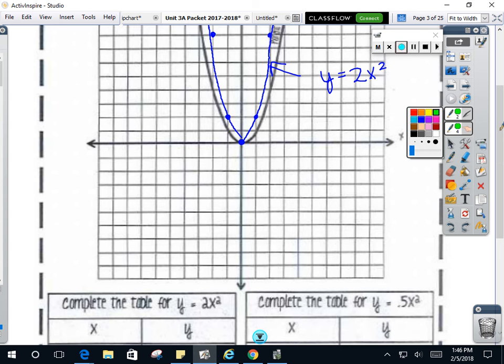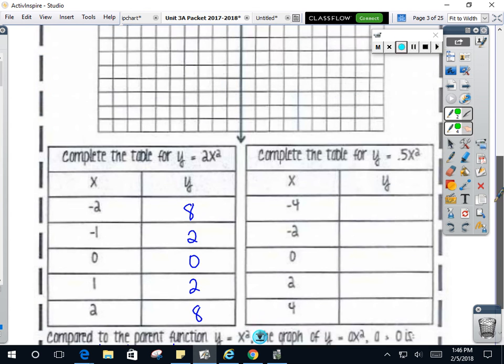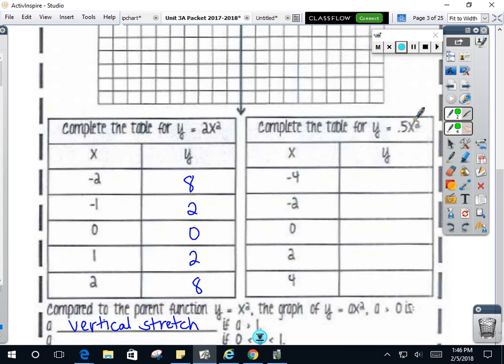Okay, now let's do this one. This time, what is the a value? 0.5. So now let's plug in these 5 x values for x and see what y values are created. When you plug in a negative 4 and you square it, that'll become a 16, and then half of 16 is 8. Remember, you can also type these in the calculator, okay?